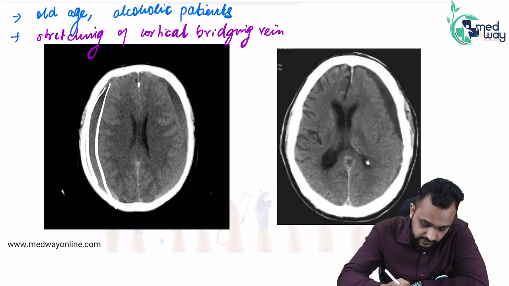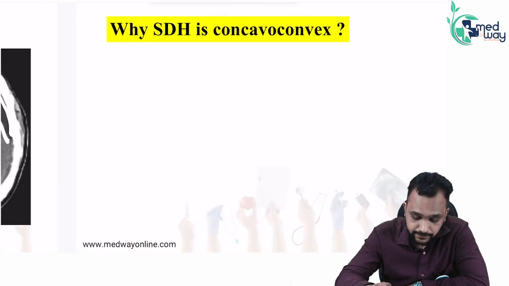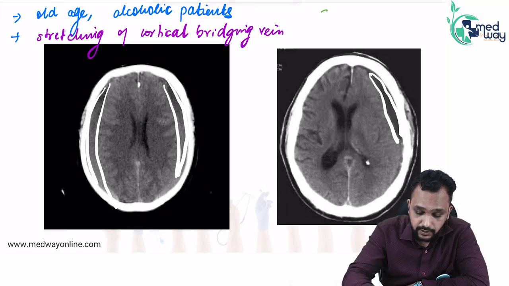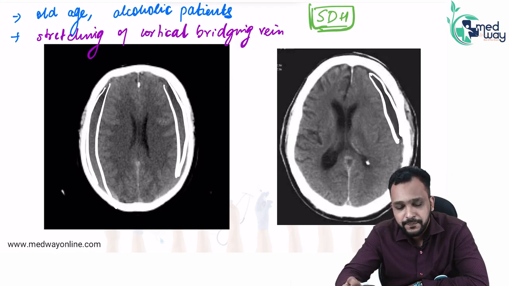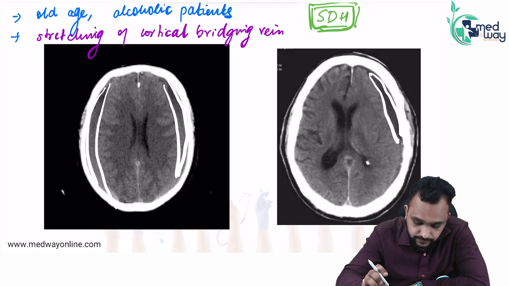Now we can see that the shape of this bleed is concavo-convex. We all know that this concavo-convex shape bleed is seen in patients with subdural hemorrhage, and we have already discussed it is due to the rupture of the cortical bridging veins, right?